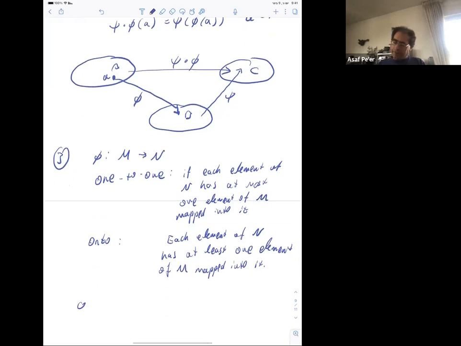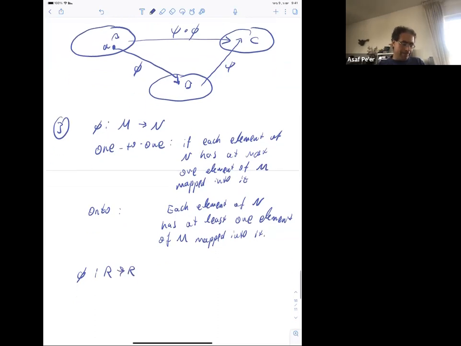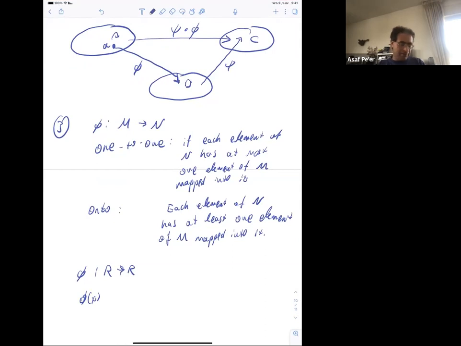So, for example, if I have phi from R to R, you can write phi of x is e to the power x. This is a one-to-one mapping, but it's not onto, because there are elements in R which do not get any function that gets onto them.